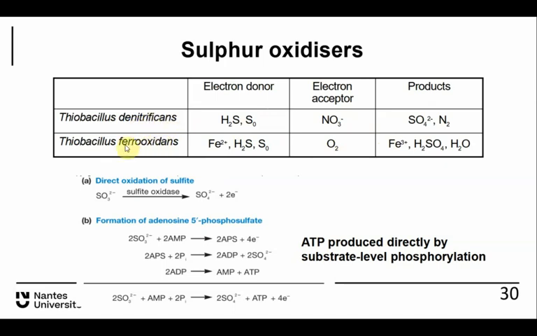Aerobic sulfur oxidizers like Thiobacillus ferrooxidans basically get reduced forms of sulfur like sulfide and iron. They oxidize them with molecular oxygen, and this will produce sulfuric acid and ferric iron.